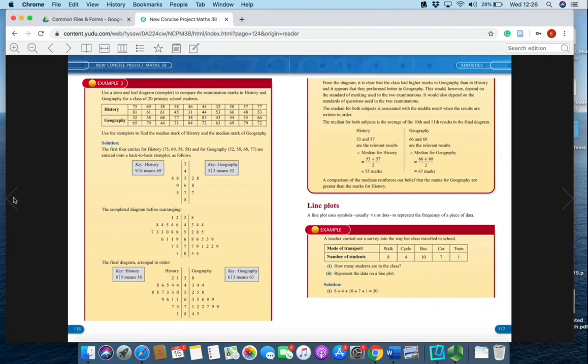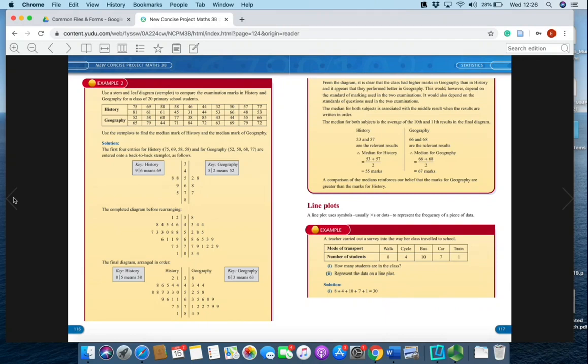One person still got 40, they actually did worse. 42, 44, 46, 48, 49, 80, 82, 84, 86, 91, 93, 95, also 14 students.